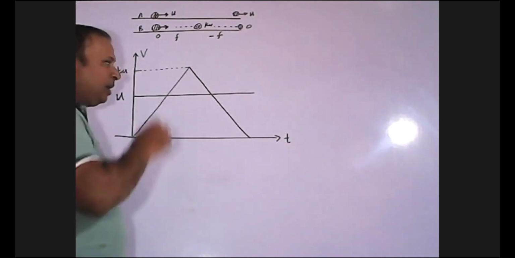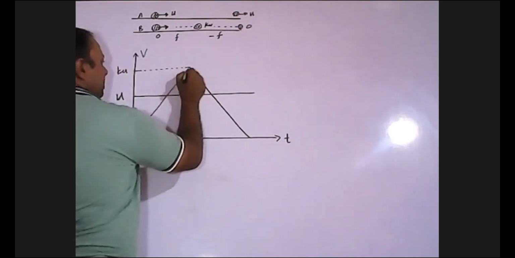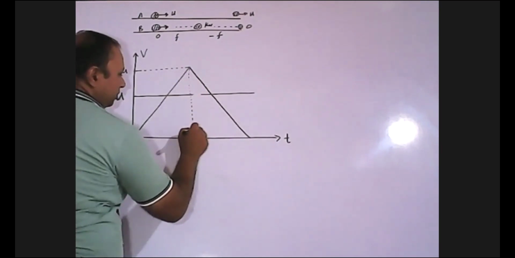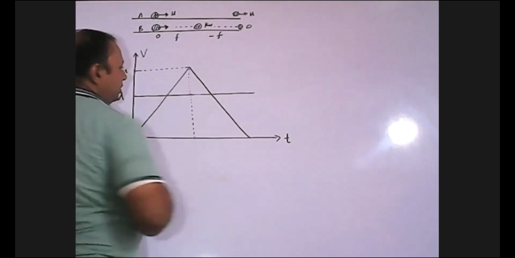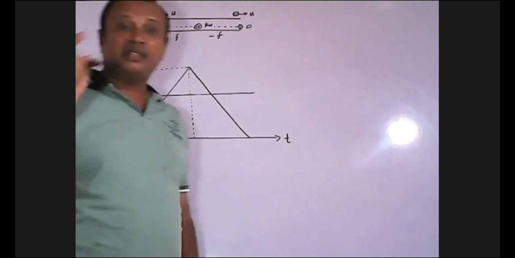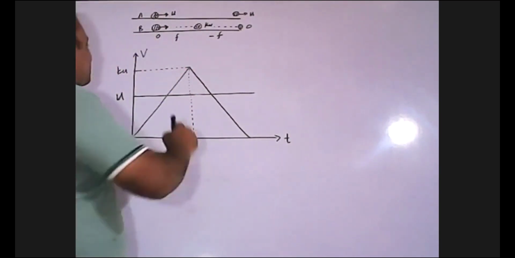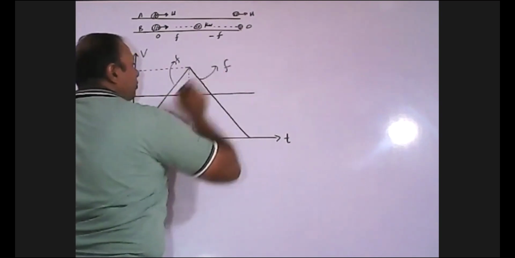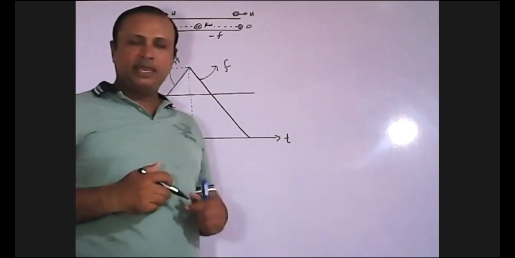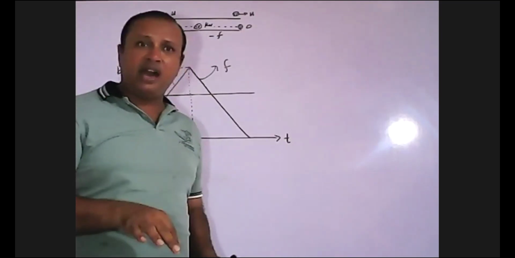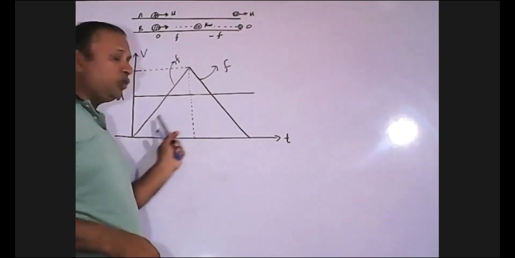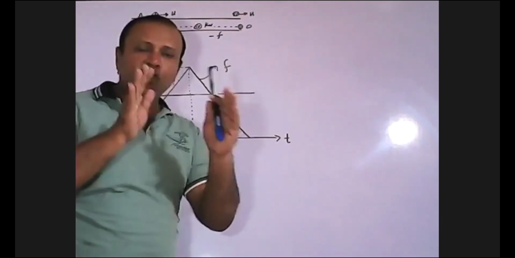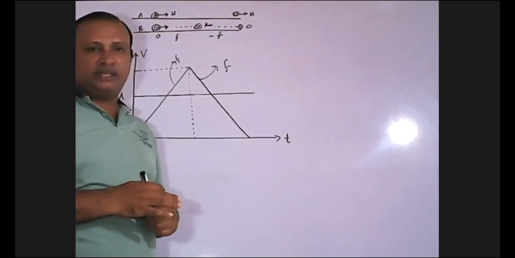When you are drawing this graph, it is clearly mentioned that the acceleration and deceleration are both the same. Therefore, the magnitude of the gradient should be equal on both sides.